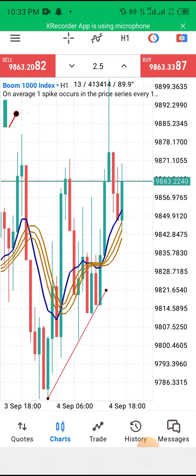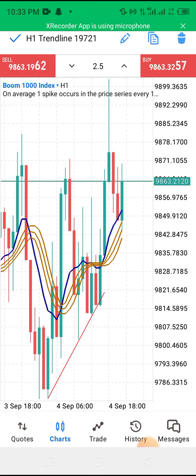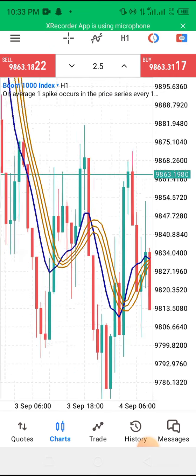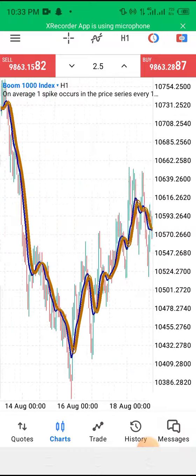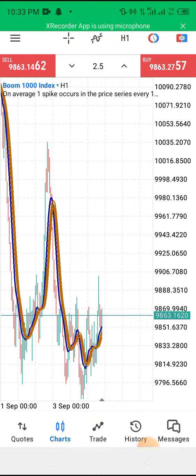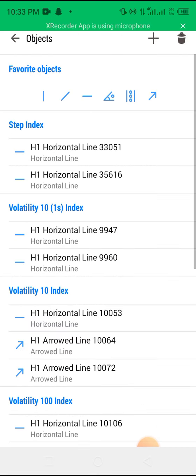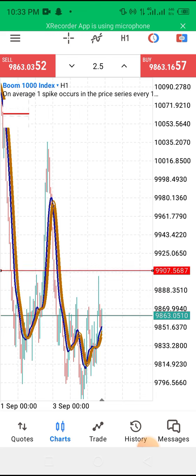If it was to be a swing trade, I wouldn't really call it an uptrend, because if you backtest this and see, you see this is actually a downtrend, which we would actually expect a reversal at some point here.